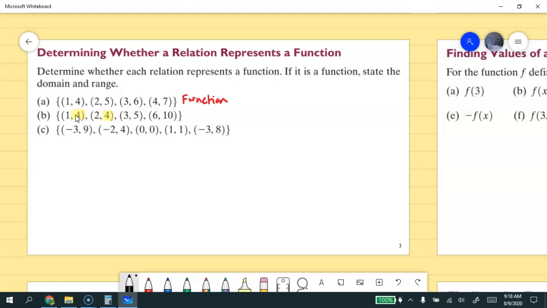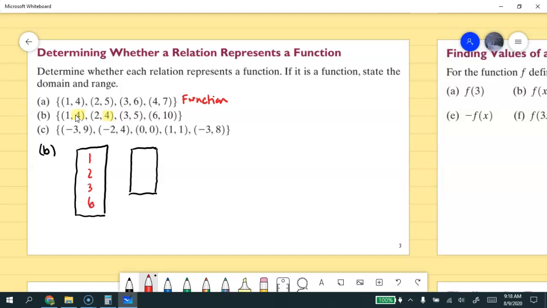Think of it like this. For letter B, if we had a column with the x's in it and a column with the y's in it, this is the mapping diagram. Let's set up the x's: 1, 2, 3, and 6.